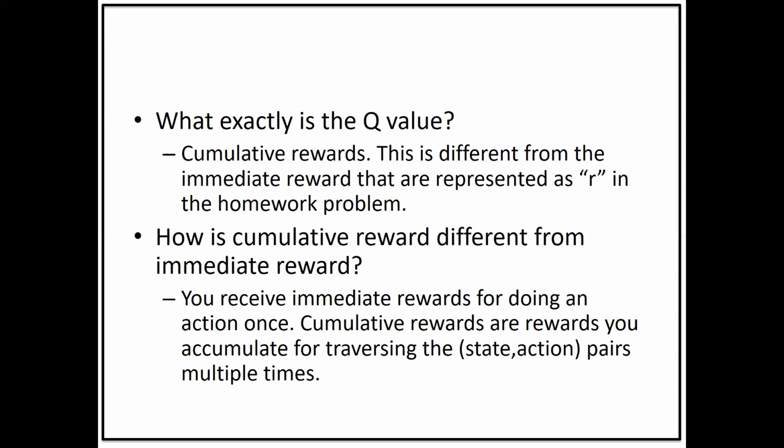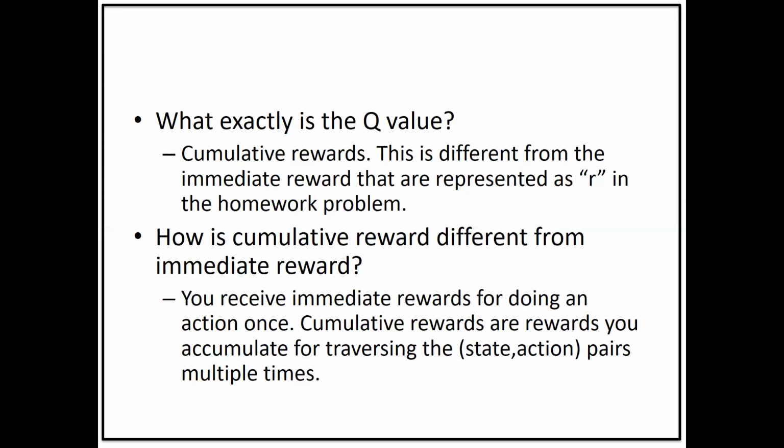Again, going back to the previous answer, cumulative rewards are obtained for performing a state action pair multiple times and receiving rewards each time you perform this action. So in a textbook sense, cumulative rewards are rewards you accumulate by doing a state action pair multiple times.